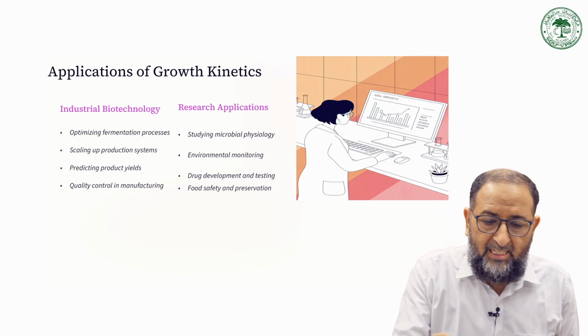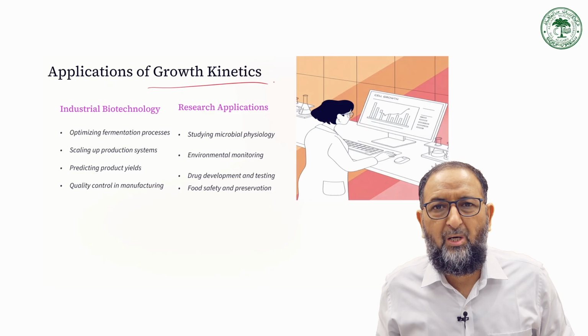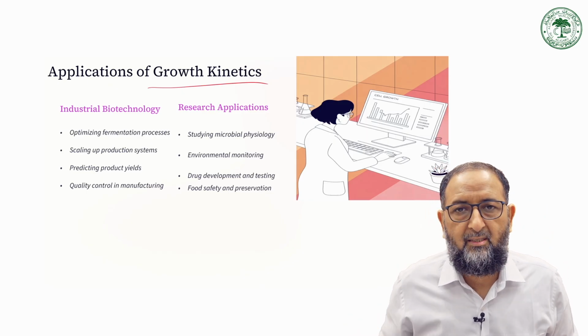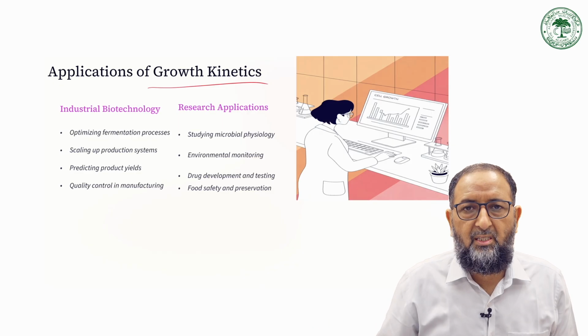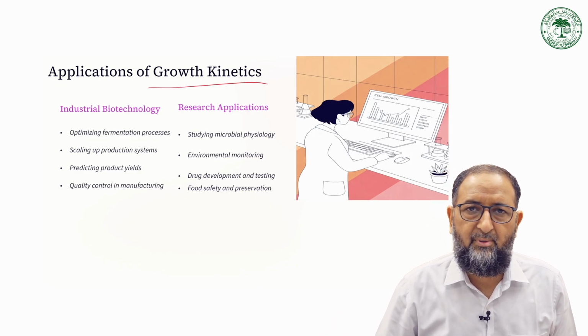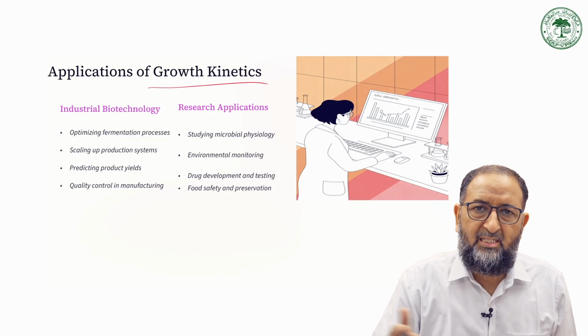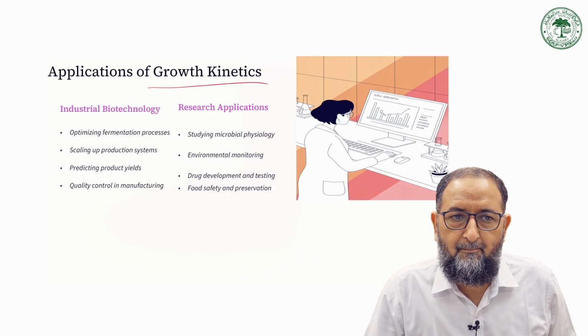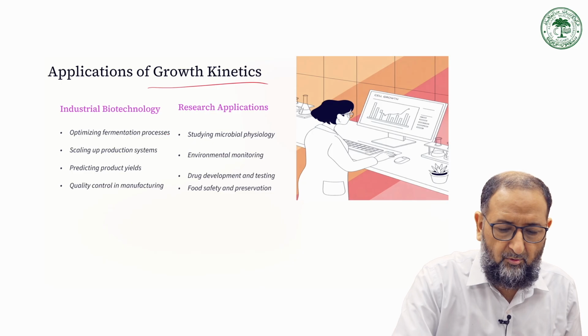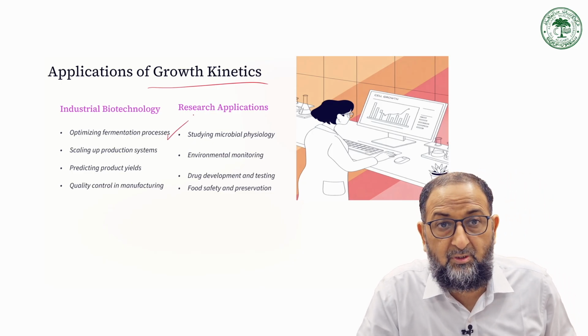So growth kinetics basically helps us understand what the generation time of the cells is, what the growth rate is, and accordingly what the output, the product development, is. For example, product development is directly proportional to the growth rate, so this can be optimized. Optimization gives you better quality; this is one of the applications of growth kinetics.